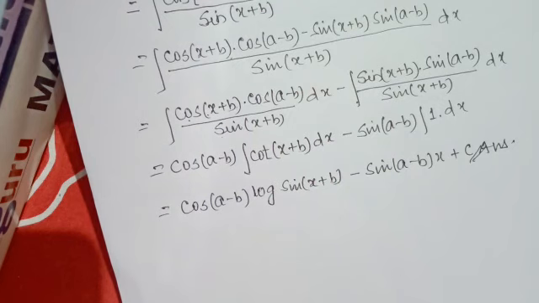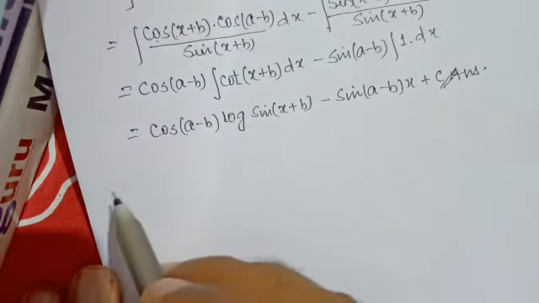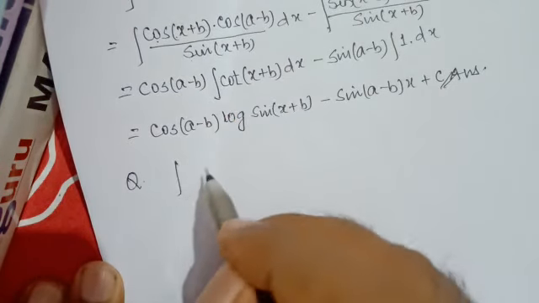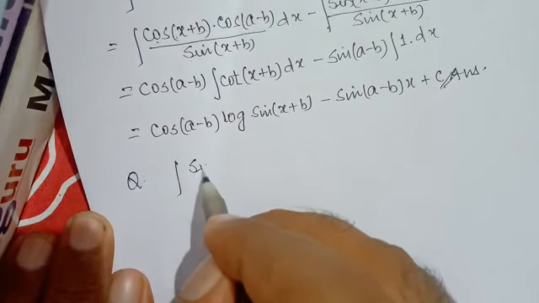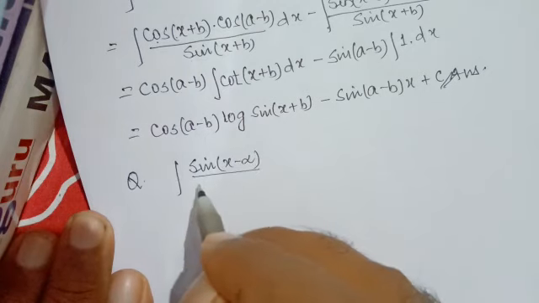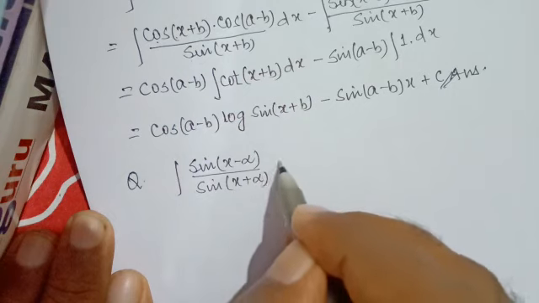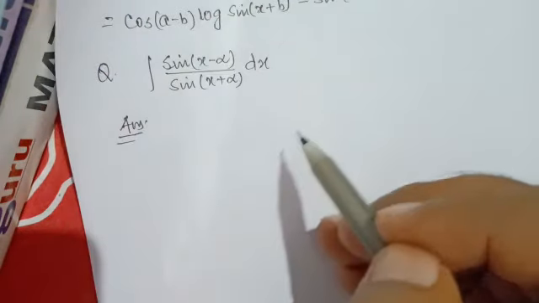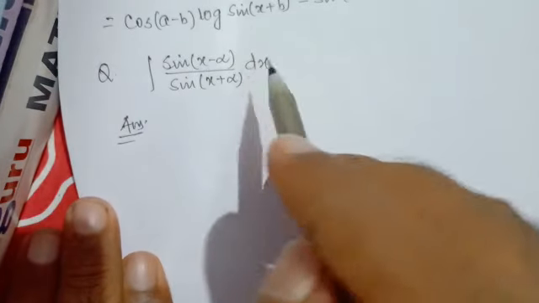Integrate sin(x minus alpha) upon sin(x plus alpha) dx. Use same method here, add alpha and subtract alpha.